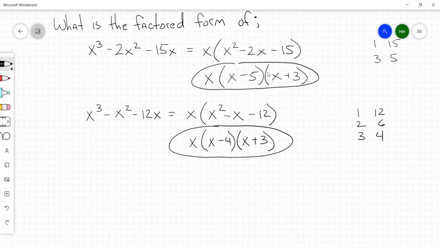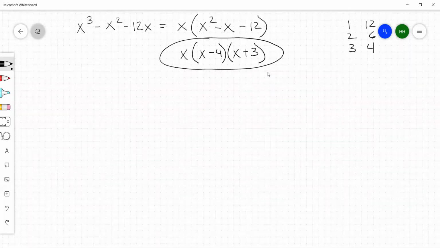If you get something like 9x to the third plus 6x squared minus 3x. In this case, not only does each term have an x in it, but it also has a 3x in it. All right?